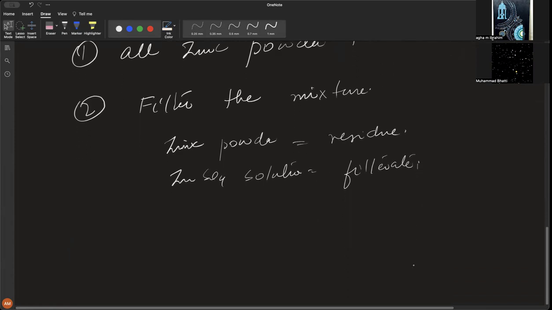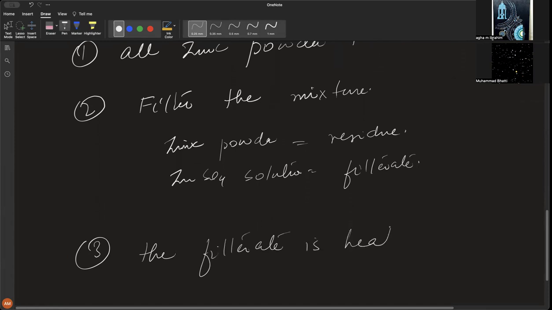You get it? Now the third process: the filtrate is heated to concentrate the salt, right?